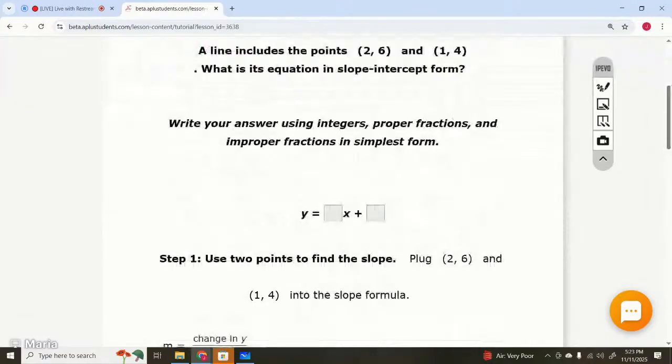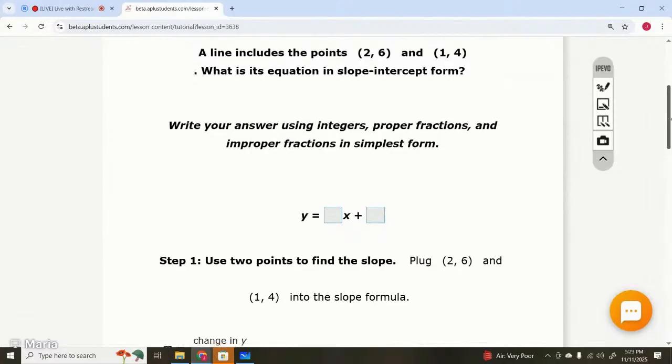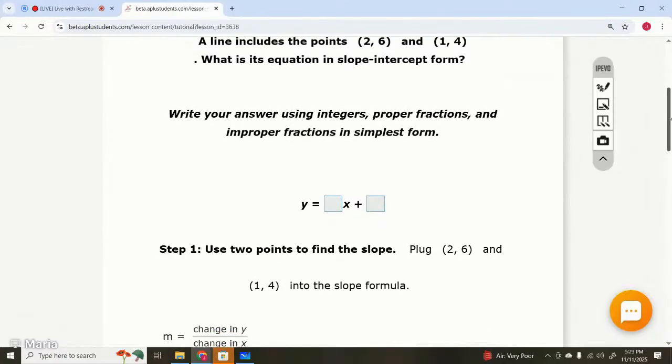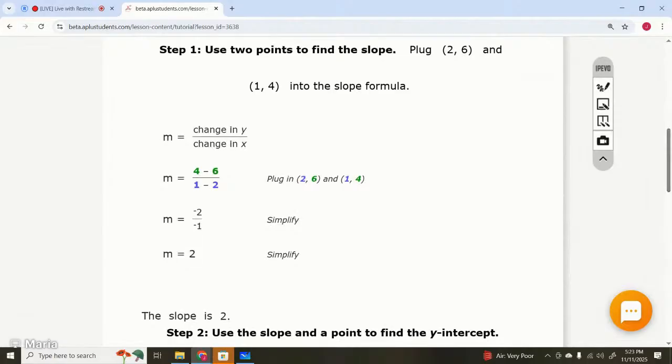What is its equation in slope-intercept form? So use the 2 points. Plug (2, 6) and (1, 4) in the slope formula.